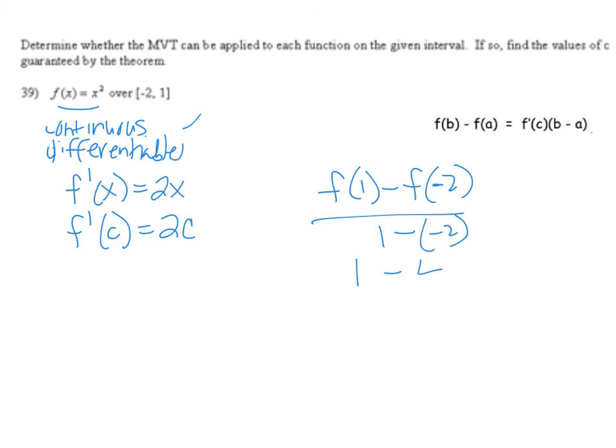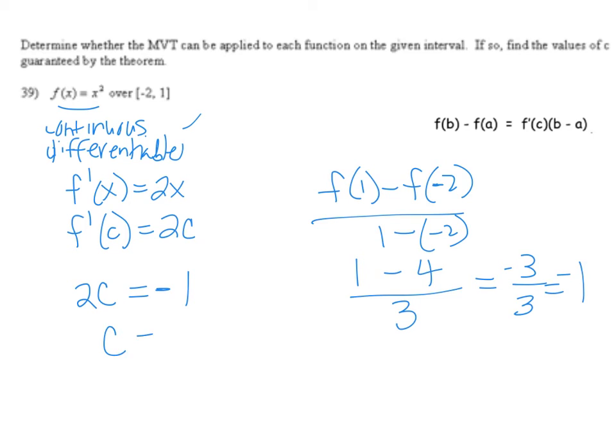F of negative 2 is 4. And this is 1 minus a negative is 3. So negative 3 over 3 is negative 1. And so I'm going to set 2c equal to negative 1. And c is negative 1 half. I'm going to check to see if it's in the interval from negative 2 to 1, and it is. So this is a value of c.